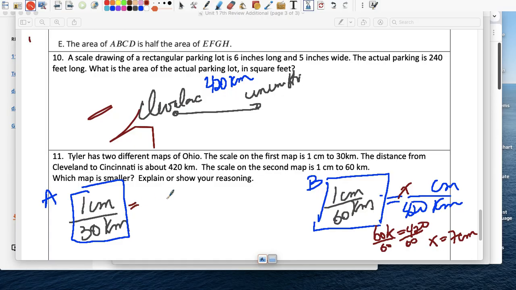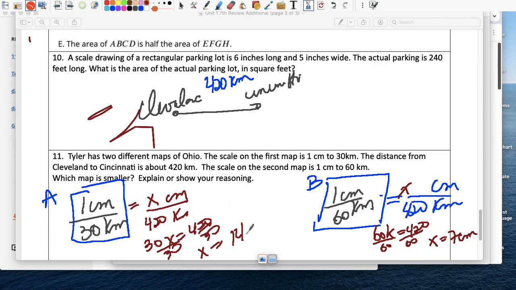Again, centimeters and kilometers. 30x equals 420, divide by 30. 420 divided by 30 equals 14, not 104.